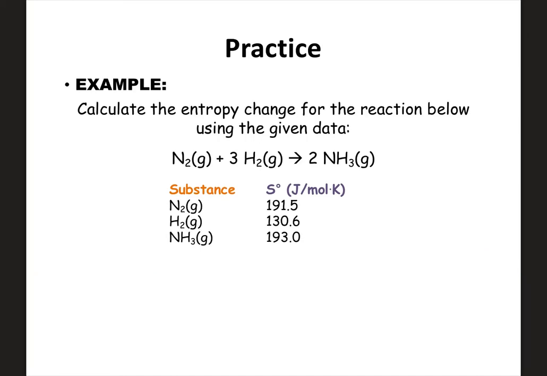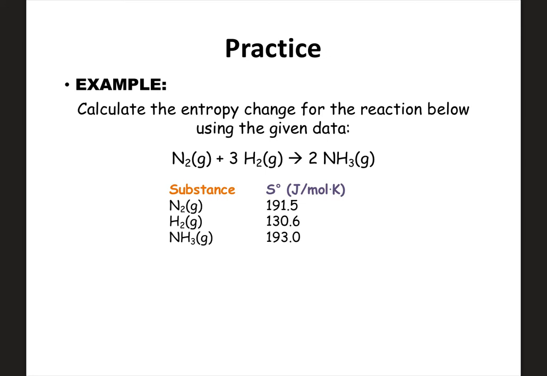Another example here, we want to find the entropy change for this reaction given the data here. So if we look at this one, all right, take a look at this reaction. I can see again, it's all gases here, but on the left side, I see 4 total moles of gas, and on the right side, in my product side, I only see 2 moles of gas.